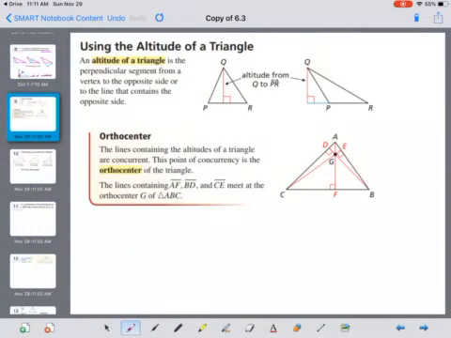And then speaking of the point of concurrency, another point of concurrency that we're looking at is the fact that we have all 3 altitudes that are going to meet. They will always intersect, and they will intersect at the orthocenter.